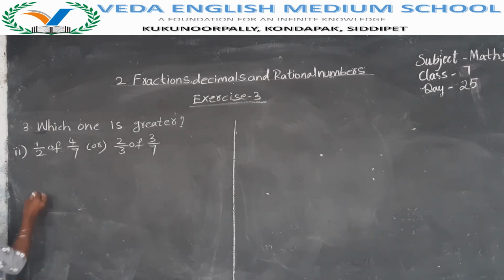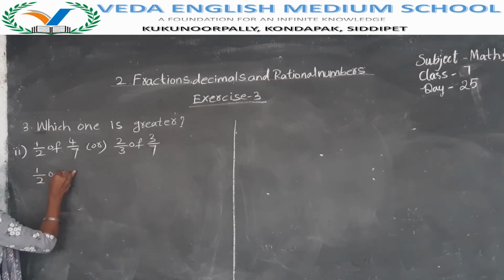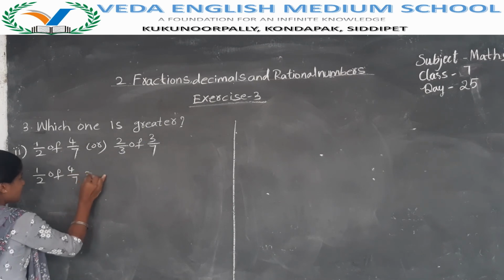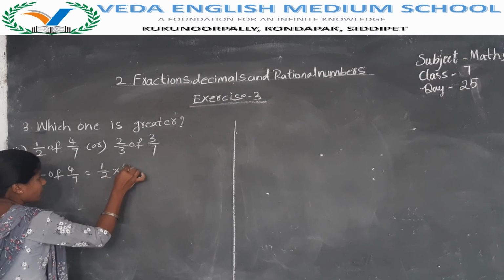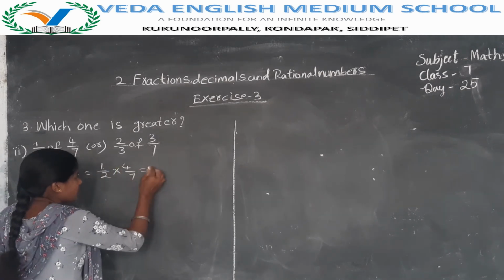Same like the first one only, find the solution. 1 by 2 of 4 by 7, that is equal to, of represents multiplication, 1 by 2 into 4 by 7. 4 ones are 4.